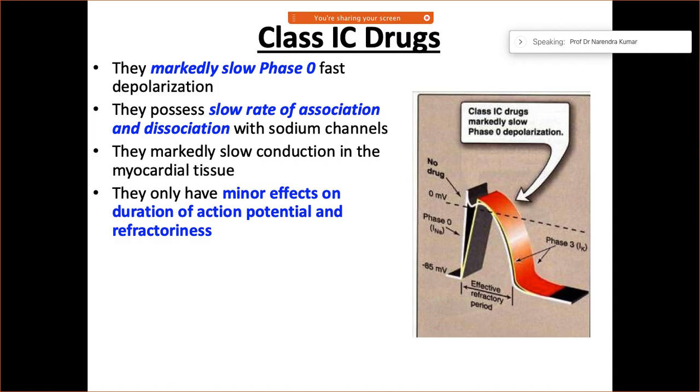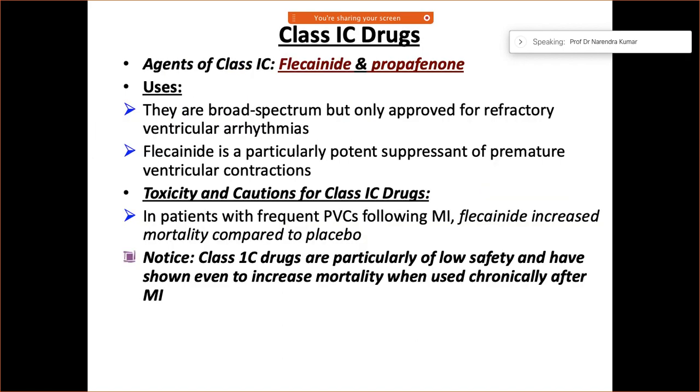So now coming to the last group of the class 1 drugs, which tends to reduce automaticity by increasing the threshold potential rather than decreasing the slope. So these are two different concepts. And as I had already mentioned earlier, on the action potential duration and ERP there's hardly any effect. The group includes popular medications like flecainide, propafenone.